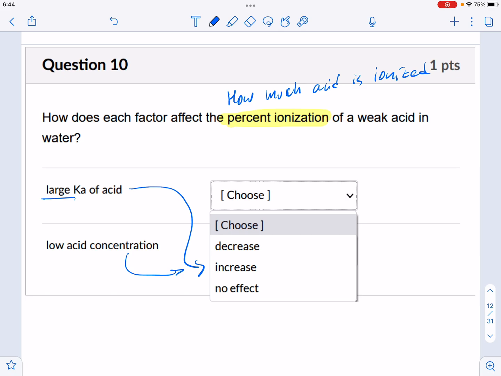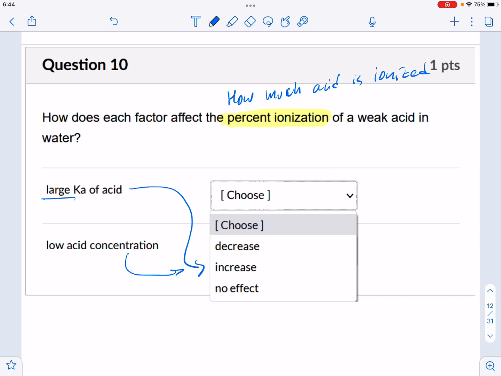The ions that you're producing want to recombine back to the acid. So the more ions you have, the more likely they are to recombine, because there is not much space in the solution. With a low acid concentration, there is more freedom for these acid molecules to separate, and that's why the percent ionization increases.